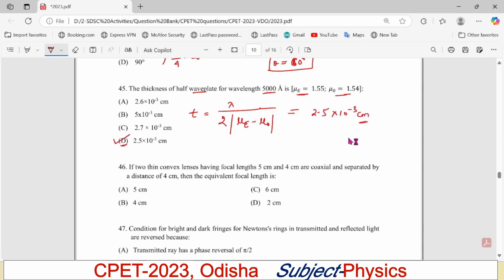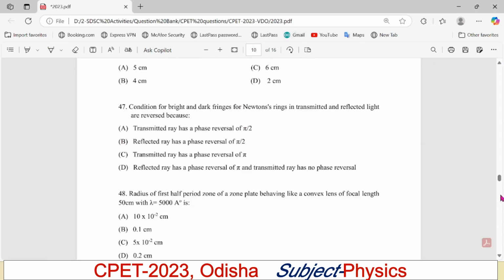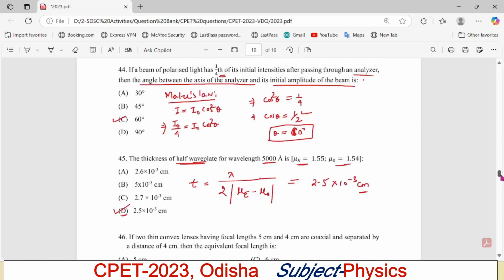Here it is asked for the half wave plate. If a quarter wave plate is asked, then what you have to do? For quarter wave plate, the formula is lambda by 4 into mu e minus mu naught.